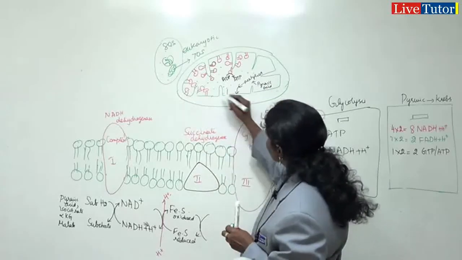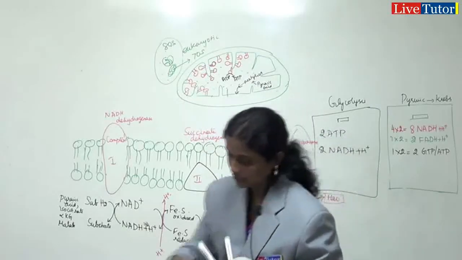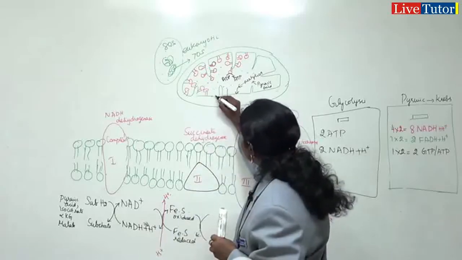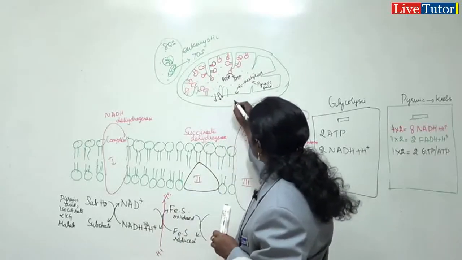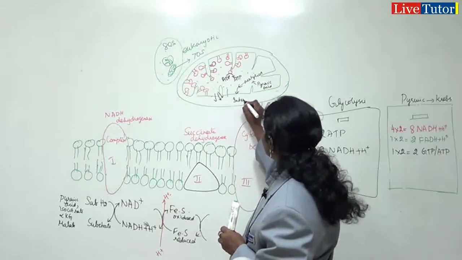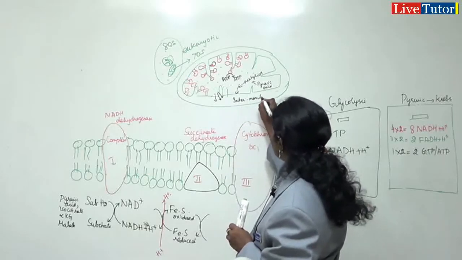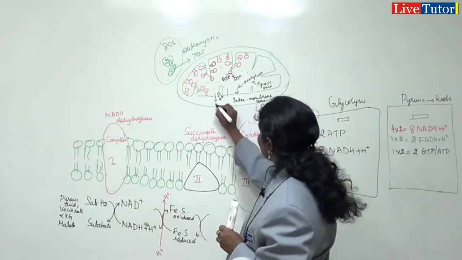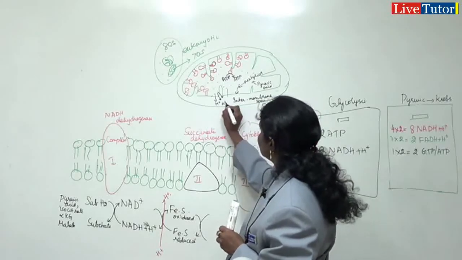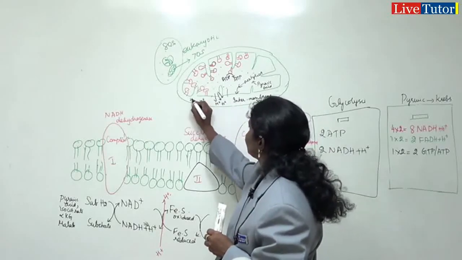The protons which are present here are going to come out from the inner membrane to the intermembrane space. So there will be accumulation of protons in the intermembrane space.